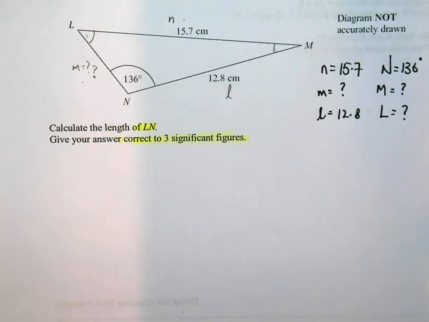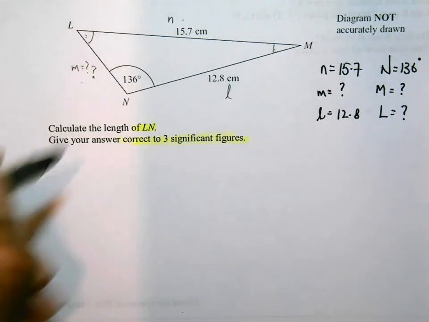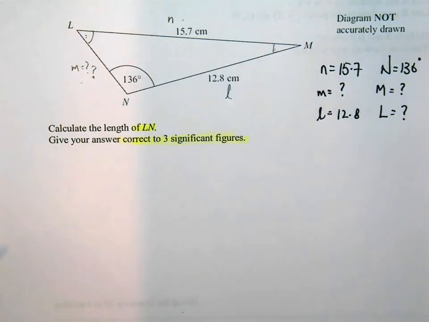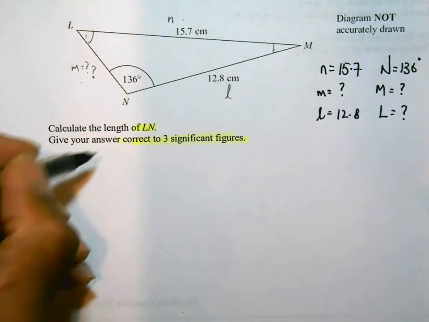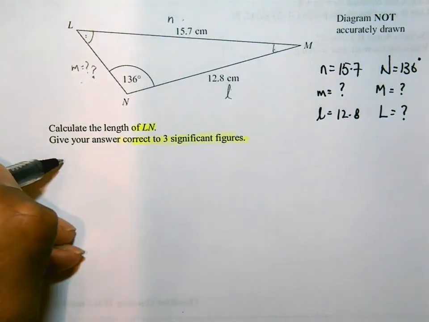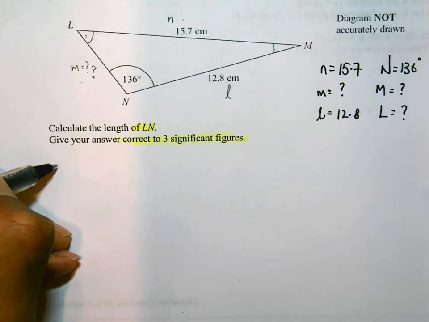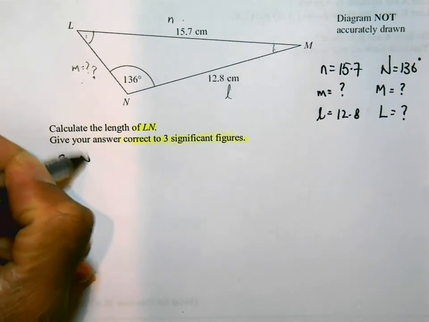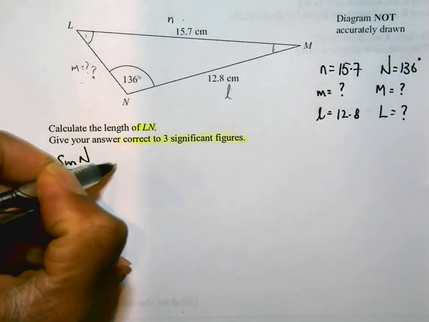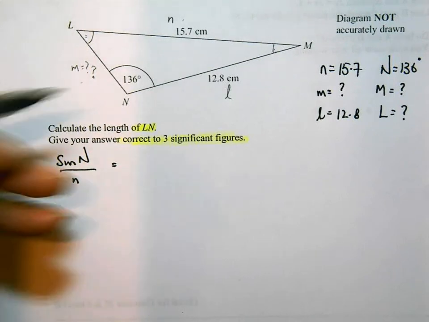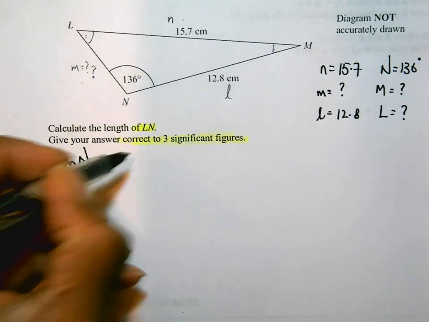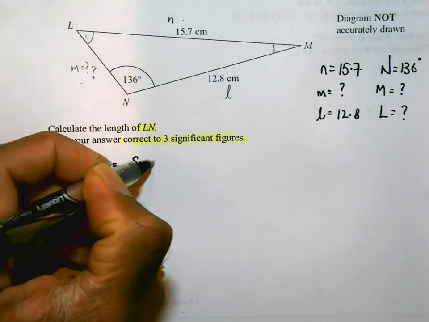So there are 3 things there that I know, and there are another 3 that I need to find. I'm going to use the sine rule, and I'm going to write this up in terms of L and M. So if I start off with sine big N over small n is equal to sine of big L over small l.